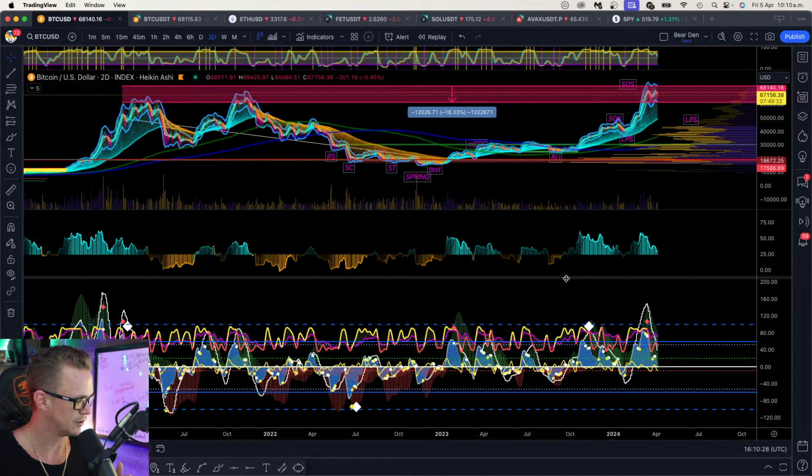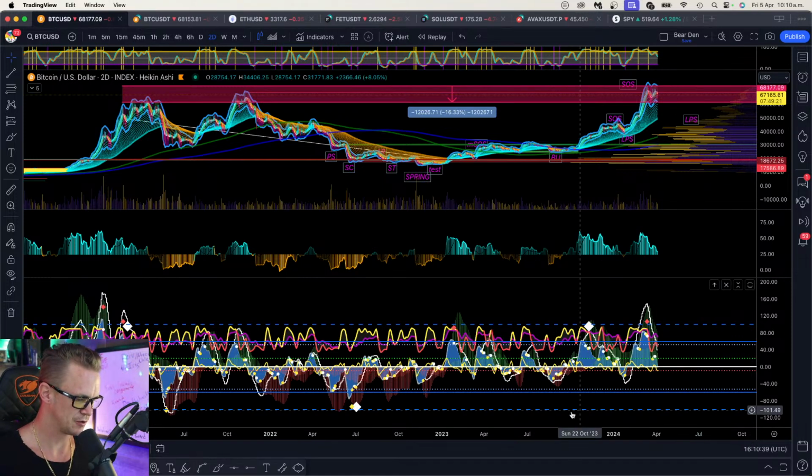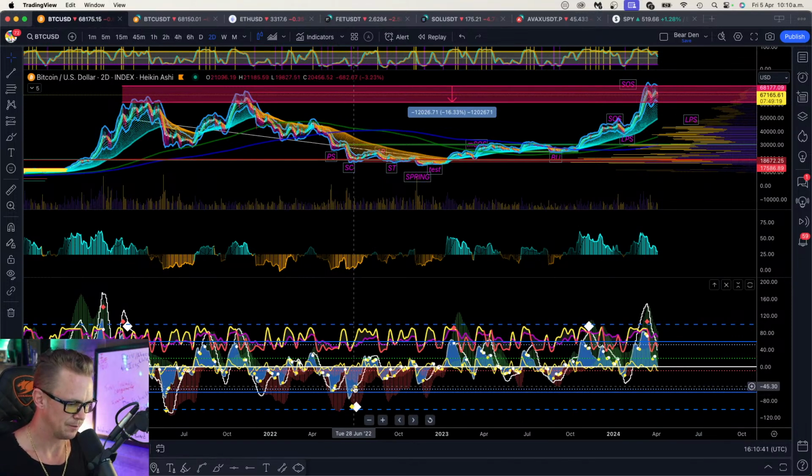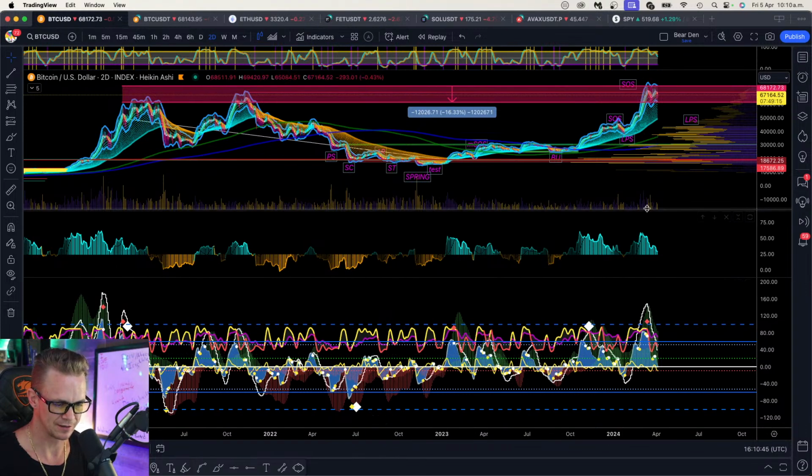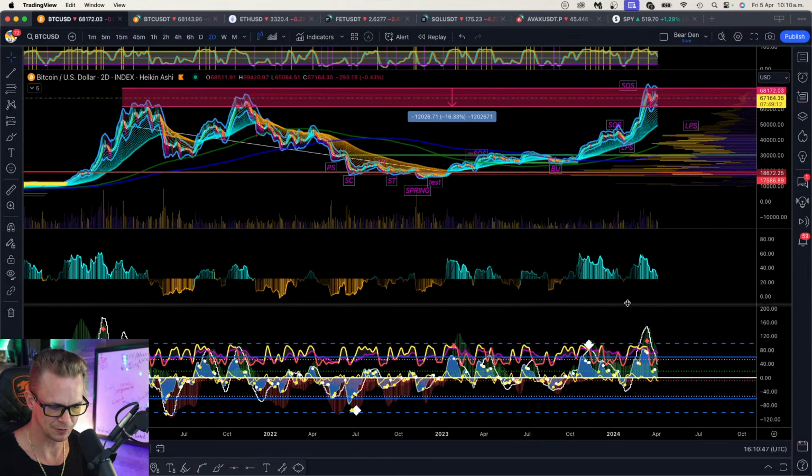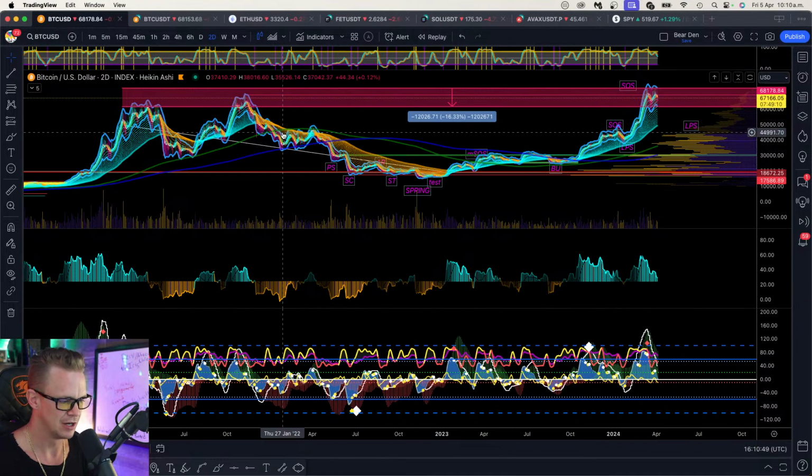I started to remove a lot of this colorful charting style for a few reasons. It seemed to create a lot more noise than I was interested in terms of my trading style. And I was looking for, okay, what's the best data to know that we are either in a bullish or a bearish market and about to change over.